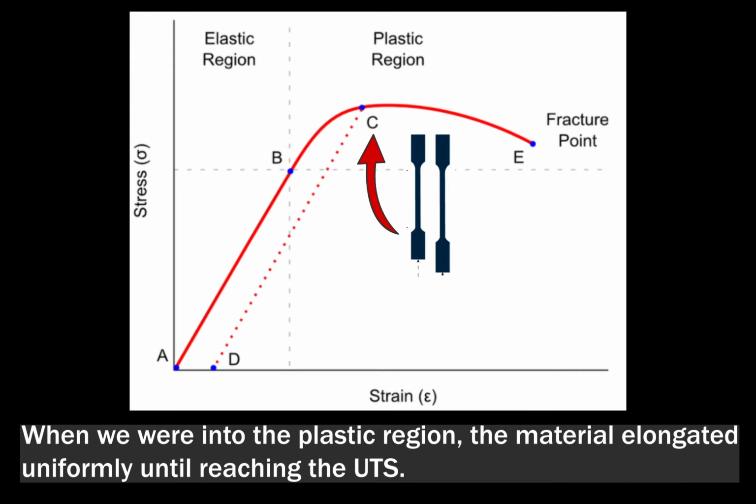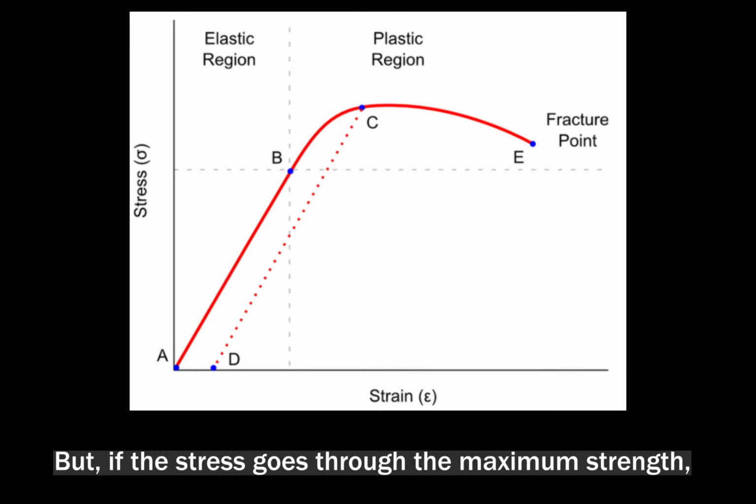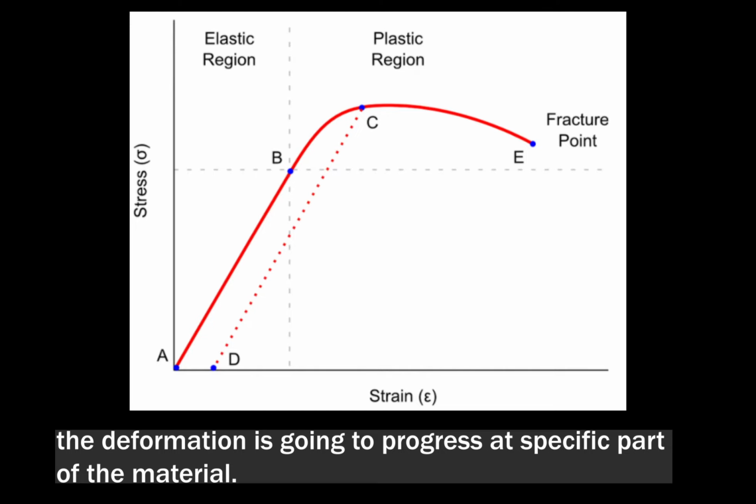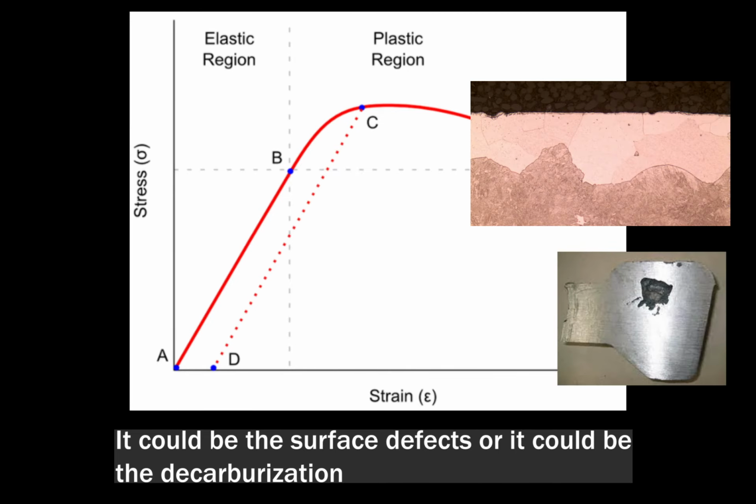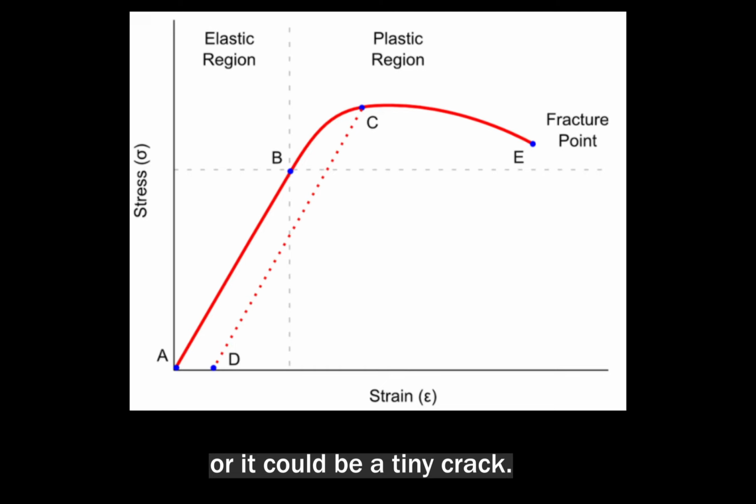When we are in the plastic region, the material elongates uniformly until reaching the UTS. But if the stress goes past the maximum tensile strength, the deformation is going to progress at a specific part of the material. It could be surface defects, or decarburization, or a tiny crack.